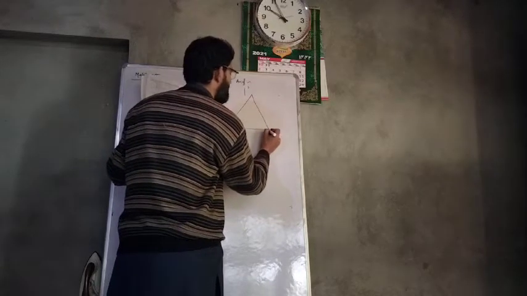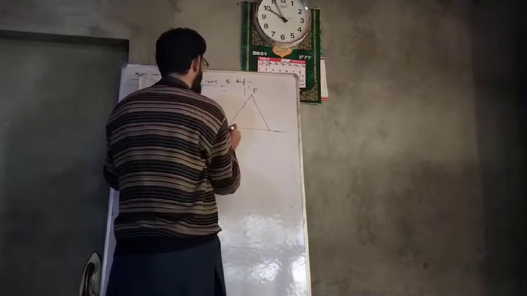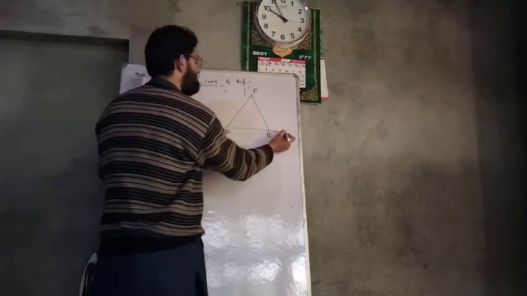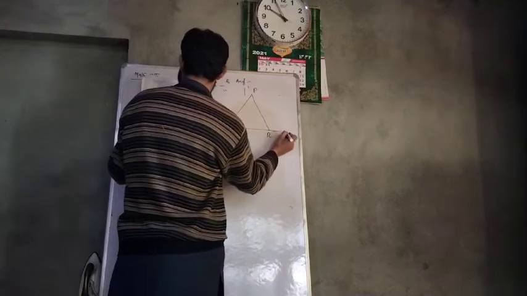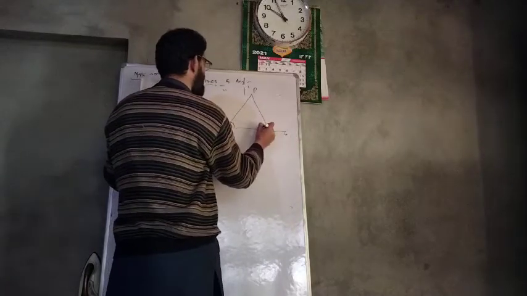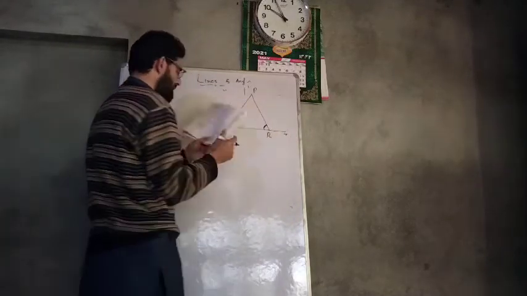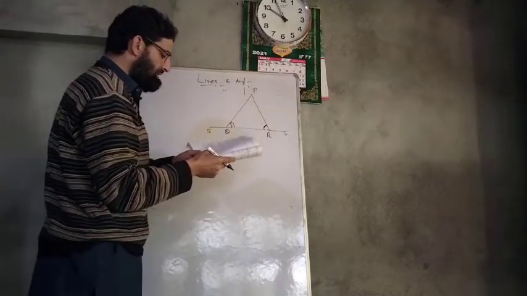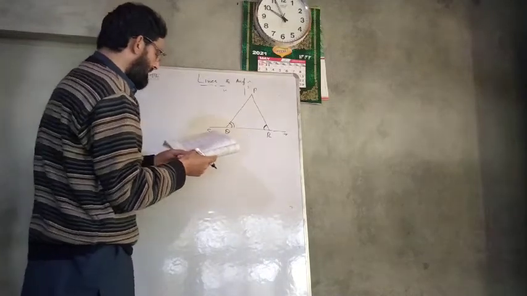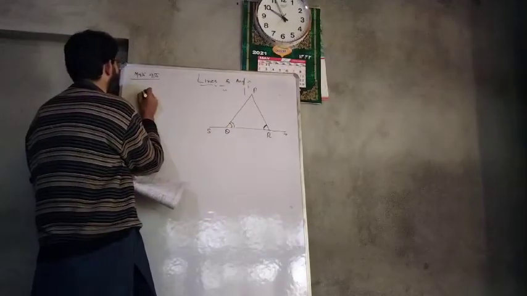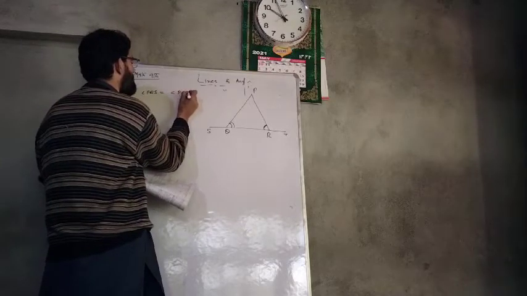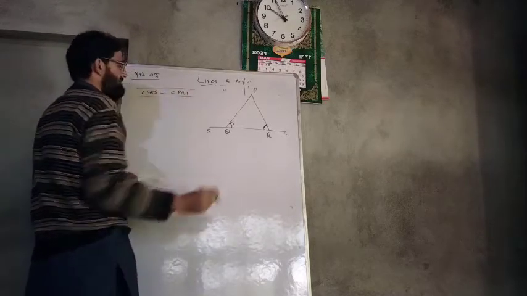This is P, Q, R, and this is S here, and this is T. Now this angle is equal to this angle. PQR is equal to PRQ, this is given. We have to prove that angle PQS is equal to angle PRT. This is to be determined.